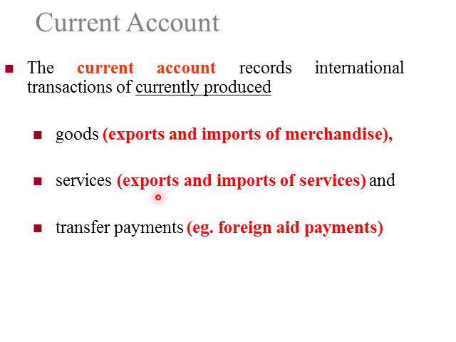In this case, these transfer payments are in the form of foreign aid payments to other countries or received from other countries, depending on the situation of the country. So if the country receives or gives foreign aid payments, it comes under this transfer payments category, on top of the goods and services that are imported and exported.